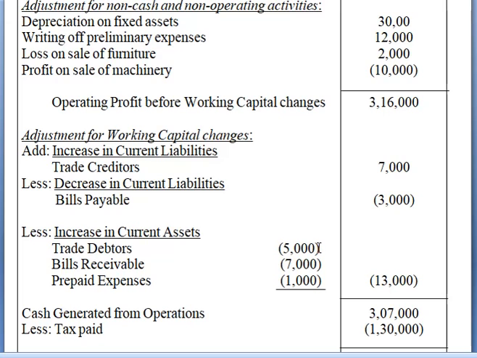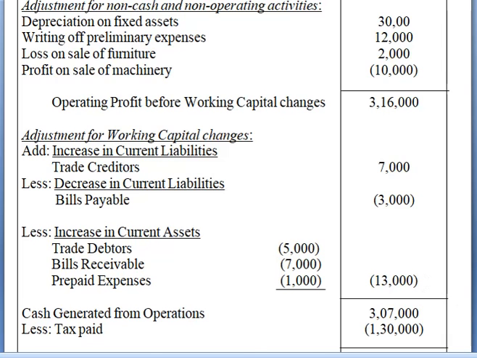Similarly, bills receivable are also increasing by 7,000. Previously it was 18,000, but now it is 25,000. And this prepaid expenses are also increasing by 1,000. Previously it was 800 and now it is 1,800. So 5 plus 7, 12, 12 plus 1, 13. So this is your negative figure. We use bracket sign to denote subtraction.